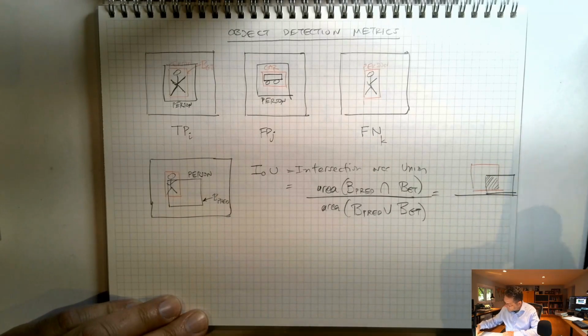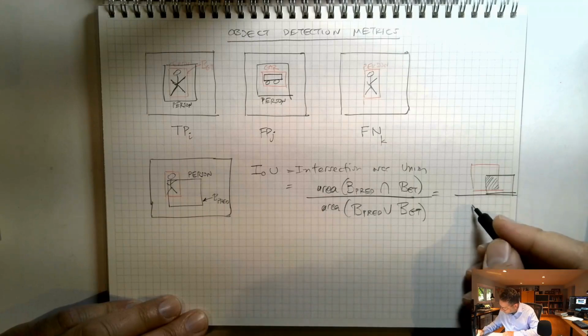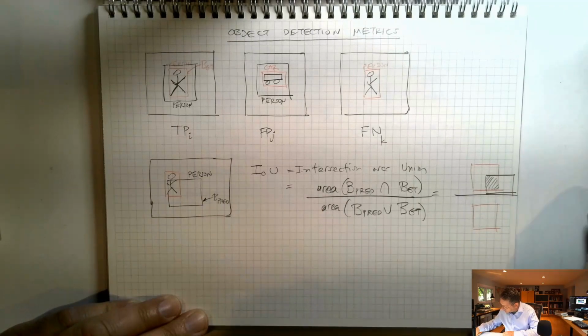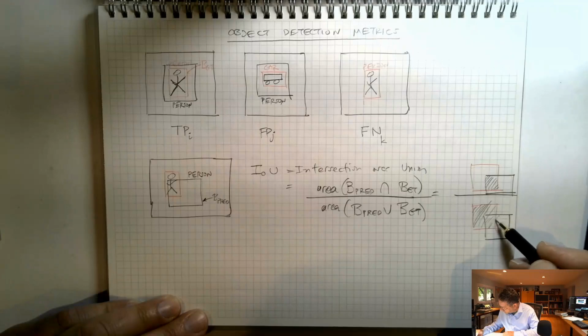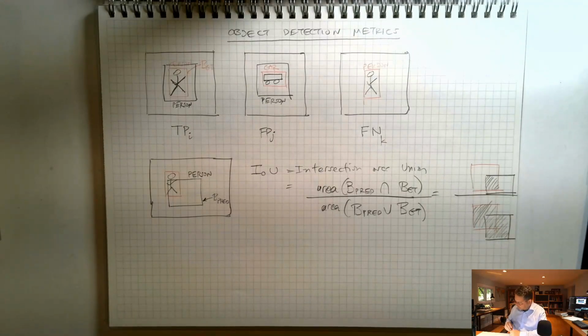Then evidently in the denominator I have the ground truth, the prediction, and I'm going to have the union in this denominator.